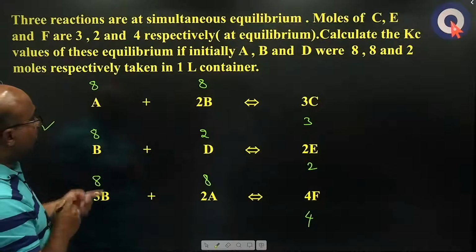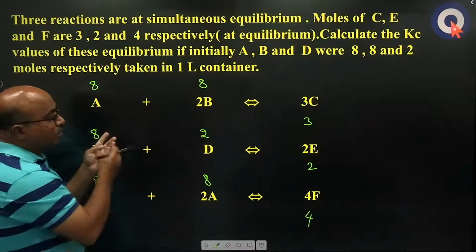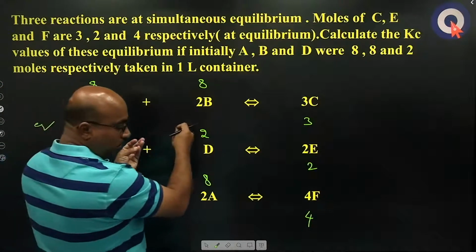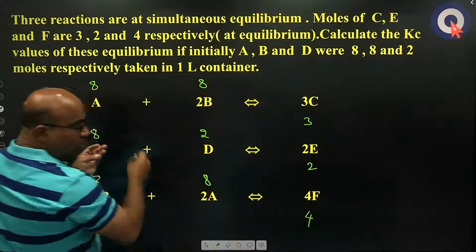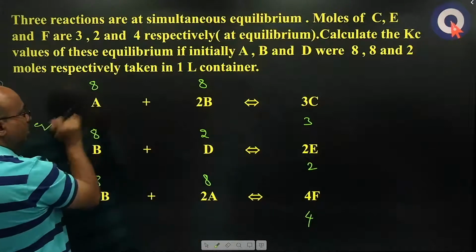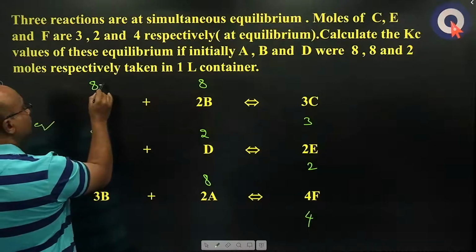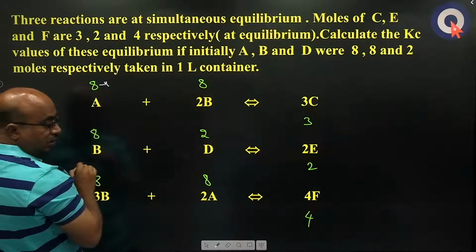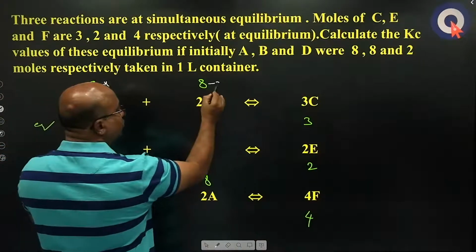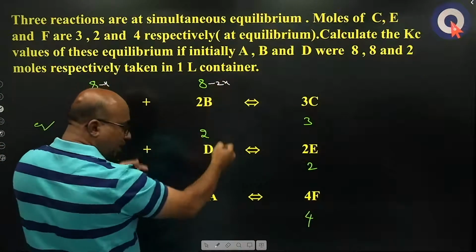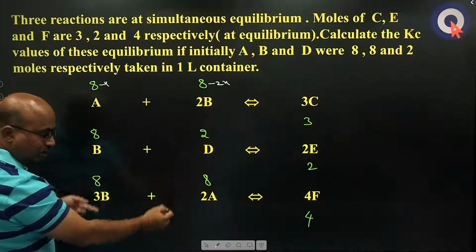But now for this reaction, some amount of A and B has to convert into C. So how much will convert? Maybe some X will convert, let us say. Suppose we use a variable like X here. Here also, how much has to be consumed? 2X has to be consumed. So simultaneously, immediately everything changes here.